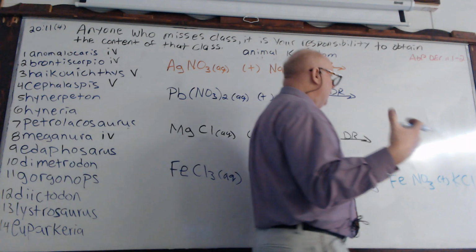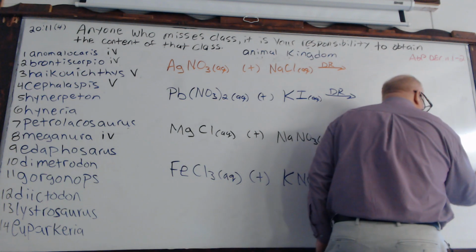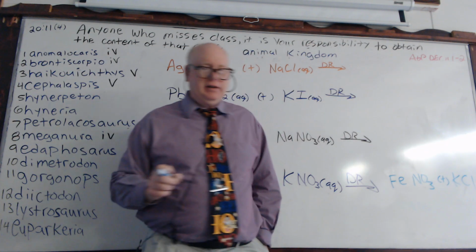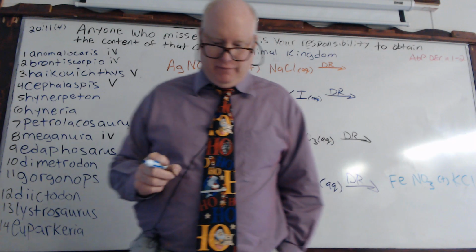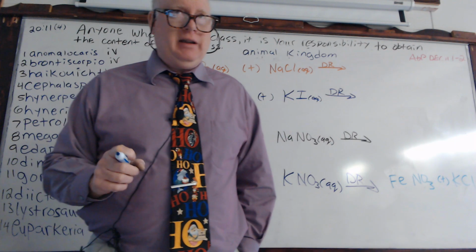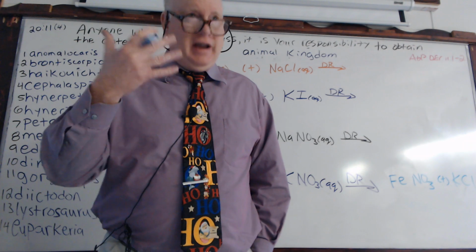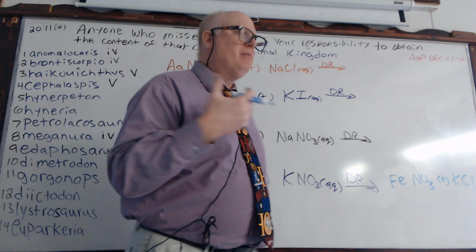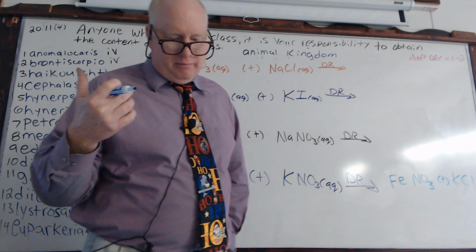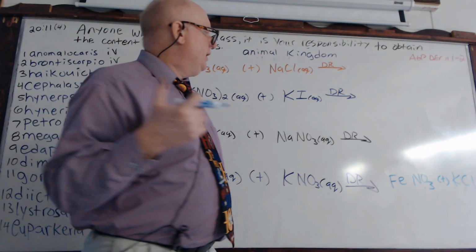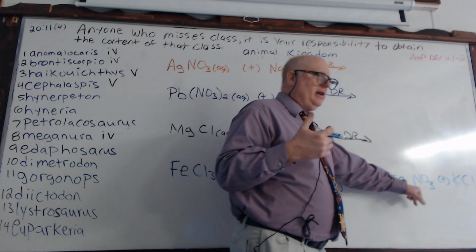Then what about chlorides? Are they soluble or insoluble? They can be insoluble if it's bonded to what? Yes, those same three: silver, lead, and mercury. All right, because nitrates don't have any exceptions.